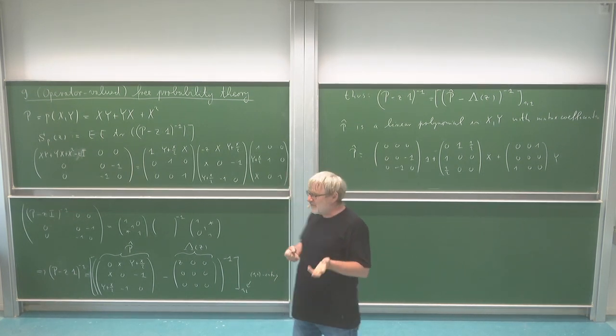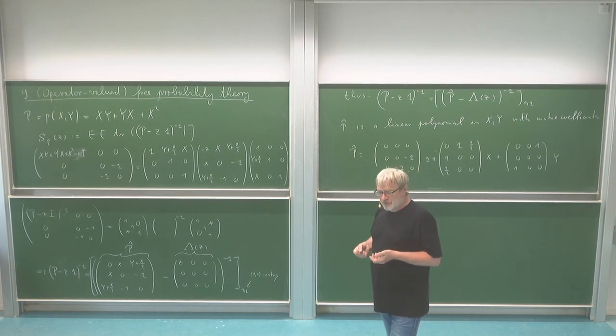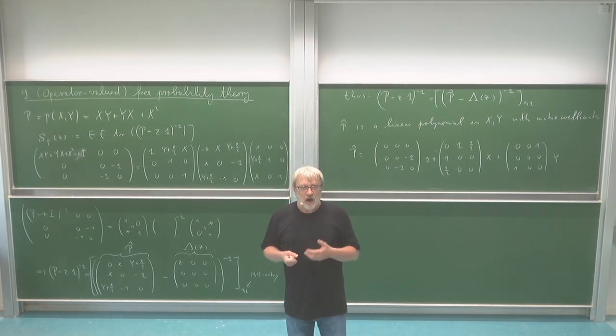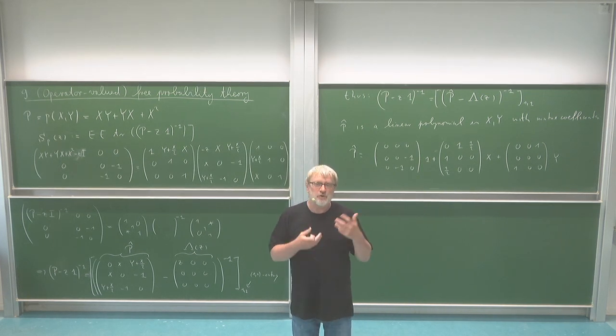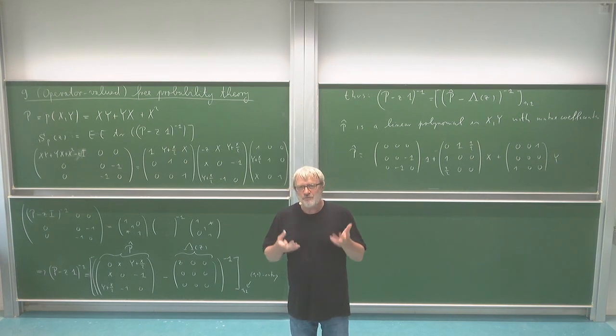And then we have this extension, operator valued free probability, which allows even to deal with polynomials in independent random variables, or polynomials in free variables, which corresponds to the limits of polynomials in independent random matrices.